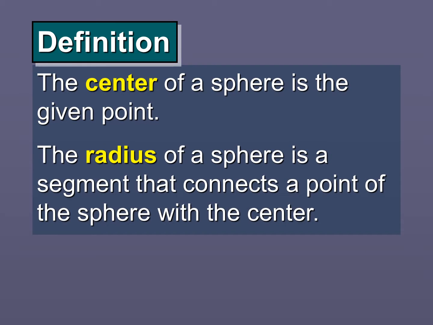Think about the center of a basketball. And then you have what's called the radius. The radius of the sphere is a segment that connects a point of the sphere with the center.